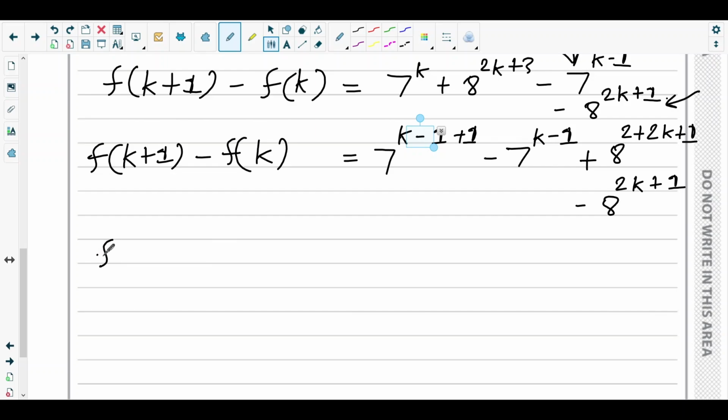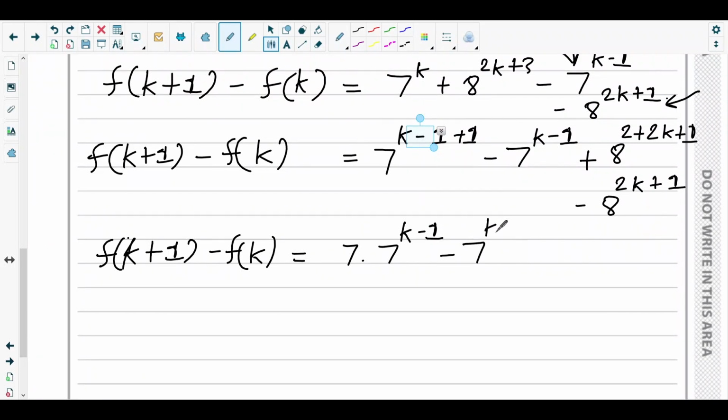So f of k plus 1 minus f of k would be 7 times 7 to the power k minus 1, minus 7 to the power k minus 1, and here we can write 8 squared times 8 to the power 2k plus 1, minus 8 to the power 2k plus 1.